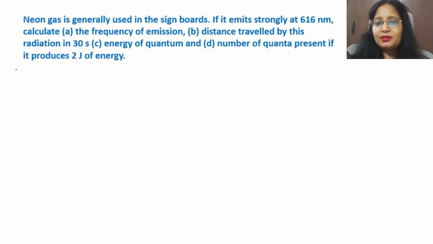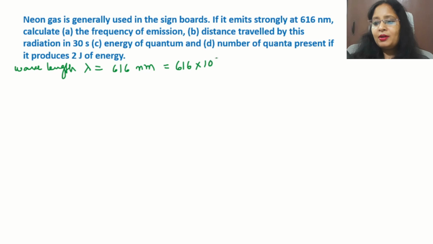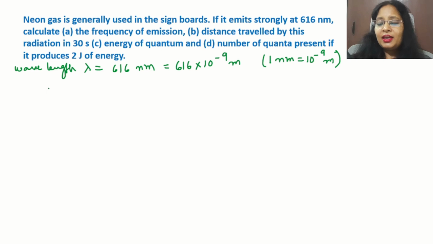So the wavelength lambda of the radiation they gave is 616 nanometer, or we can write 616 into 10 to the power minus 9 meter, because as I already told you, 1 nanometer is equal to 10 to the power minus 9 meter. We convert it into meter. Next, they gave the wavelength lambda and now they are asking, so one by one we'll go.